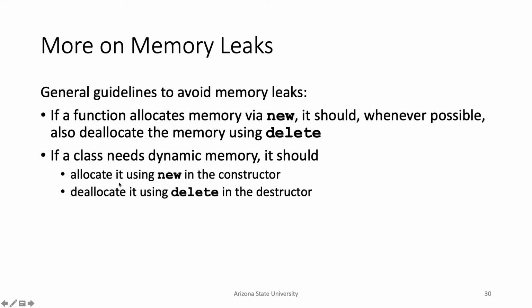It says, if a class needs dynamic memory, like vector, for example, what you should do is allocate the dynamic memory in the constructor using new, and then deallocate with delete in the destructor. So remember, the destructor is the thing with the tilde on the front. Why is it like this? Why should we do it this way?